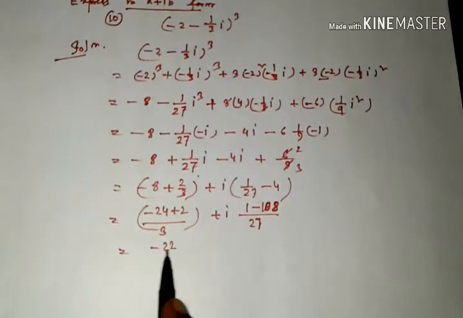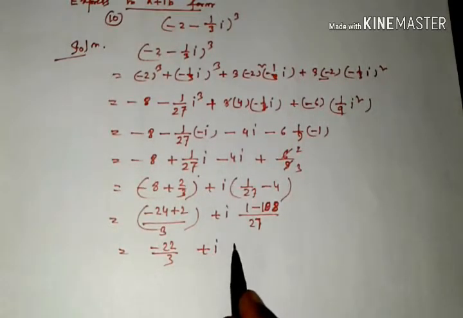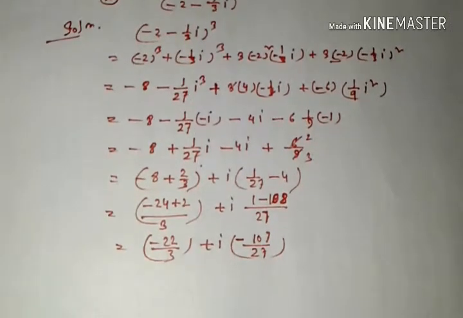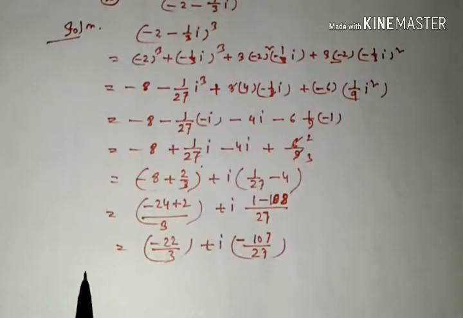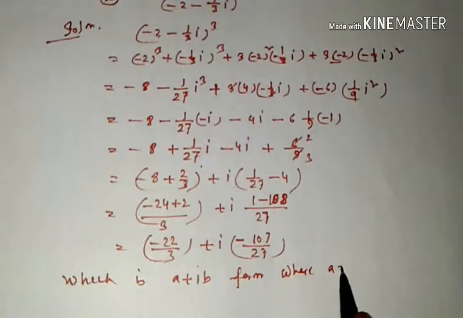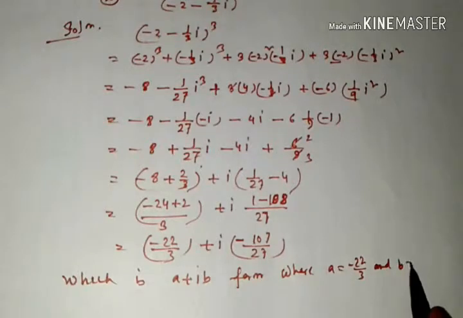This is minus 22 by 3 plus i, this is minus 107 by 27, which is a plus ib form, where a is equal to minus 2 by 3 and b is equal to minus 107 by 27. This is all about the problem.